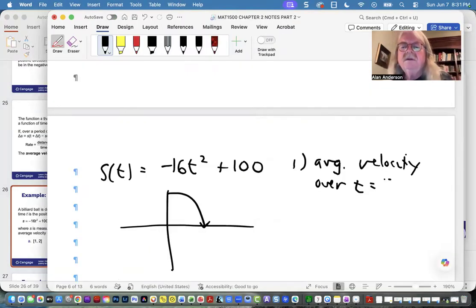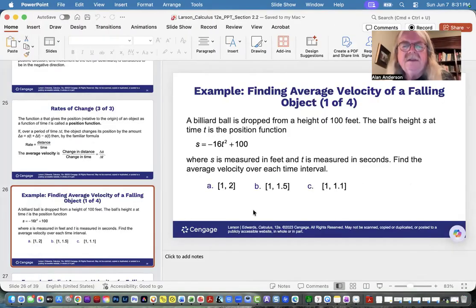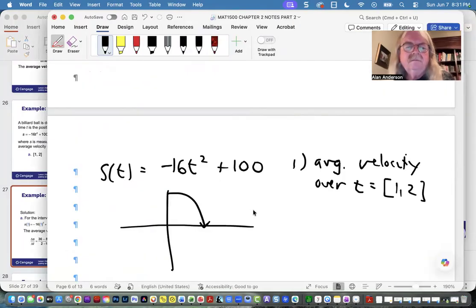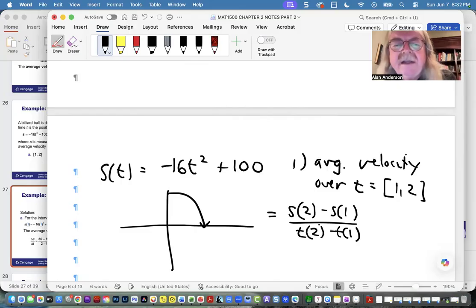From 1 to 2. So what do they want us to do? Well, we're going to take the change in S over the change in T over that interval.